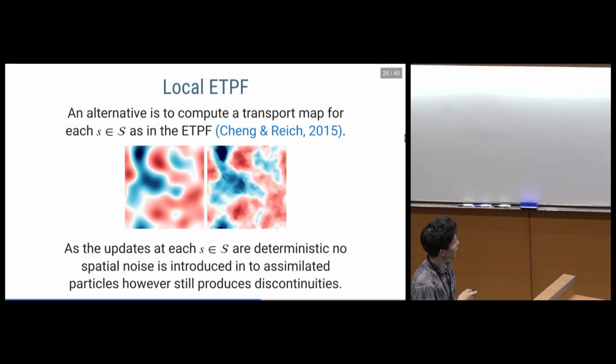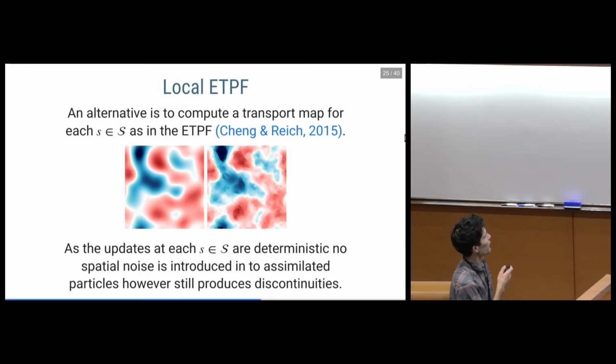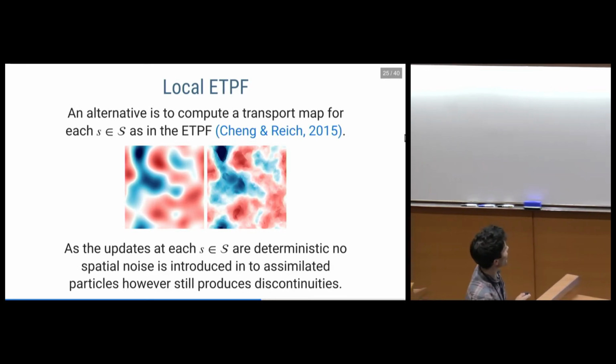As I said when discussing the ensemble transport method, the update defined by that transport map is deterministic. So if we apply that across space, we don't introduce spatial noise.